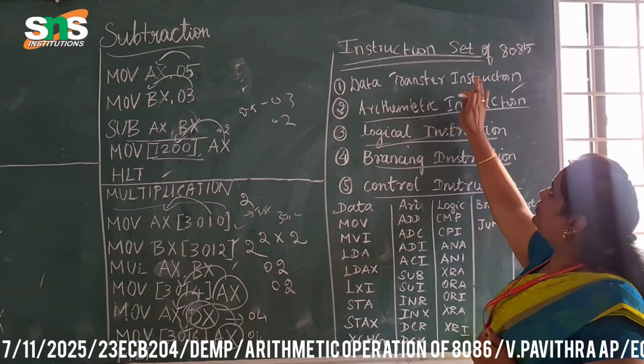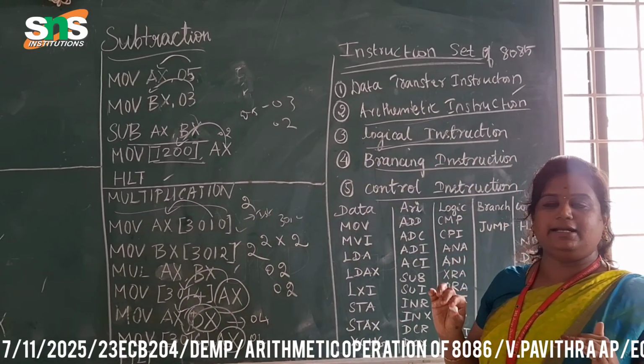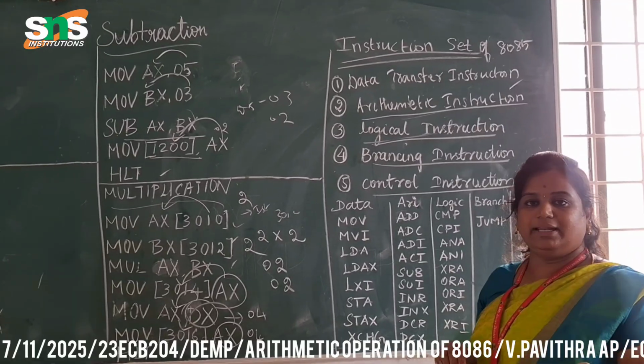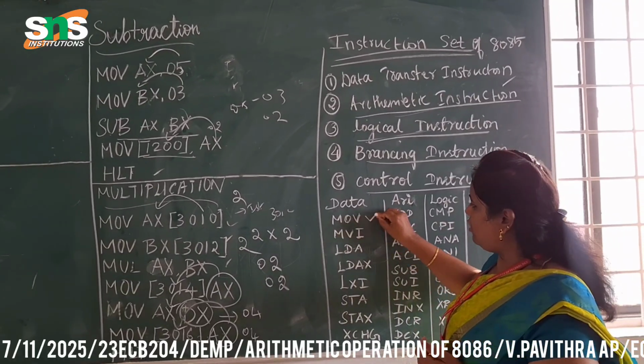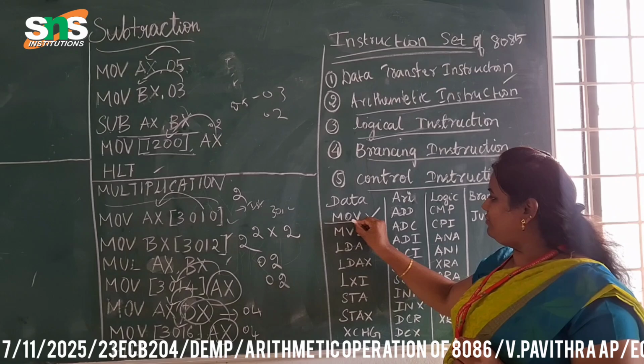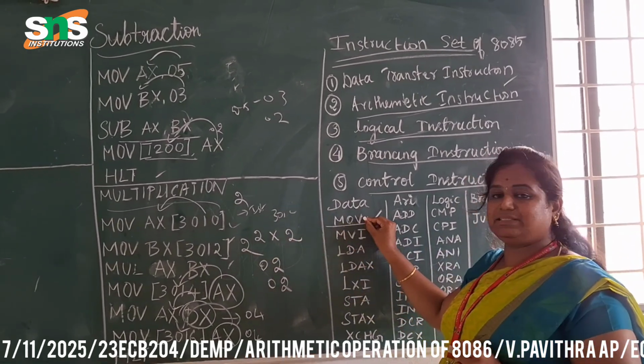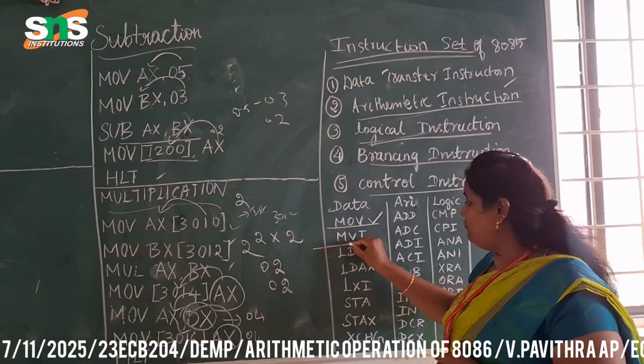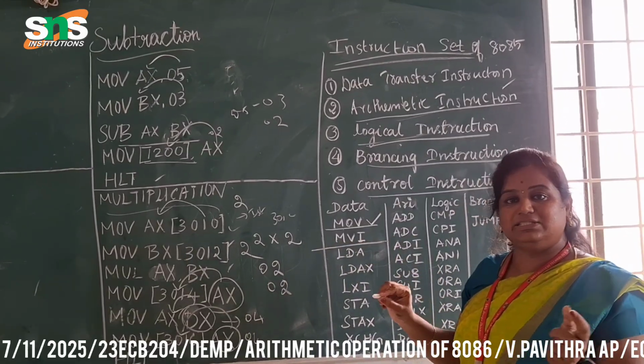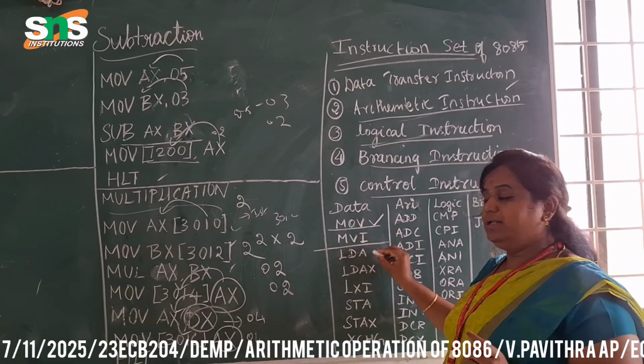The data transfer instruction, as I said, is transferring the data. The first command is MOV, which we have already discussed in the program. MOV is move, and MVI is move immediate.